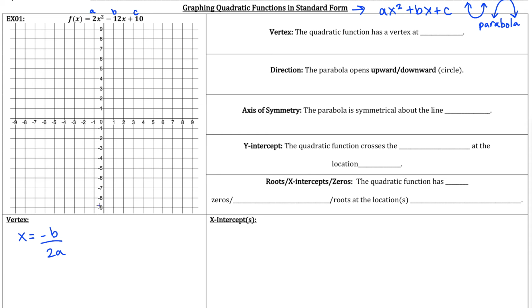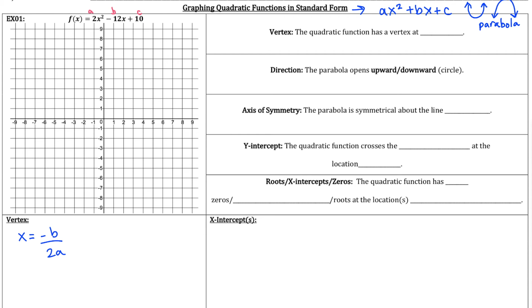So we're going to take this negative b, and I'm going to write these in red real fast. So a, b, c.